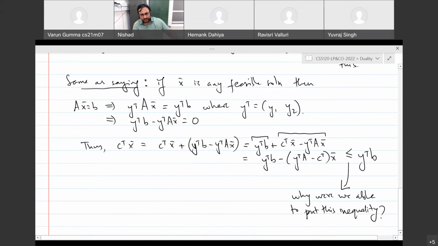If you look at this form here, it's not immediately clear that you can, but we did. So what was so special about our vectors y?